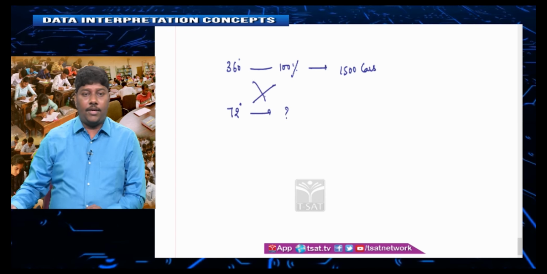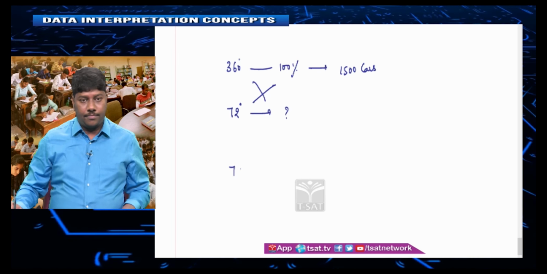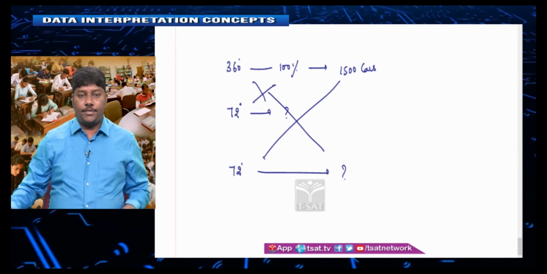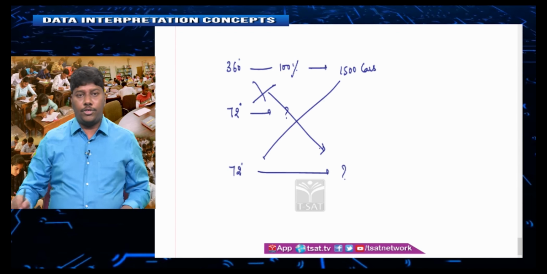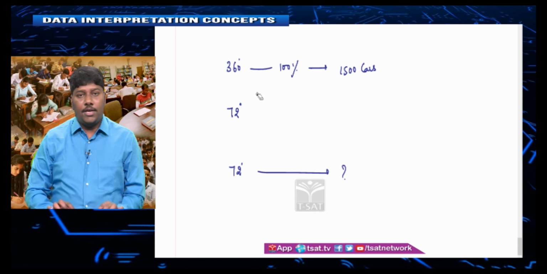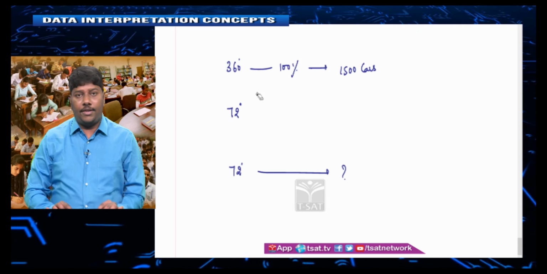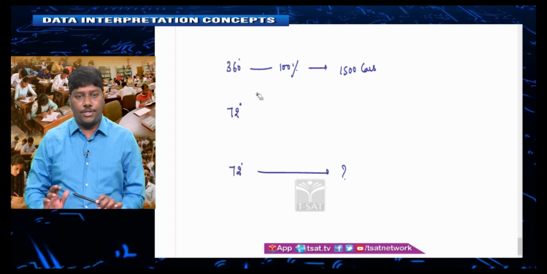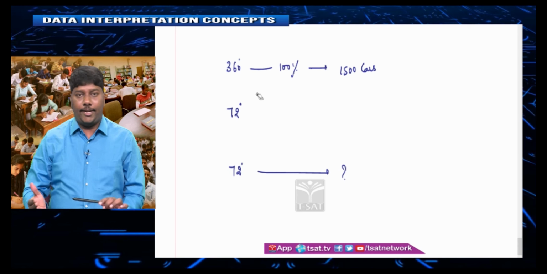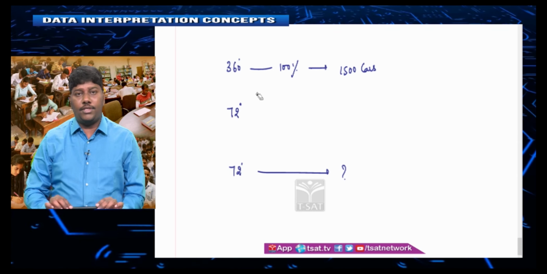Then you cross multiply. Or else, for 72 degrees, how many cards? You cross multiply this and this. By using proportion, you can always find it. But the relation is 360 degrees is 100%, which is the number of cards or whatever data is represented. So you can convert degree to percentage, and percentage to the data, anywhere by using proportion.